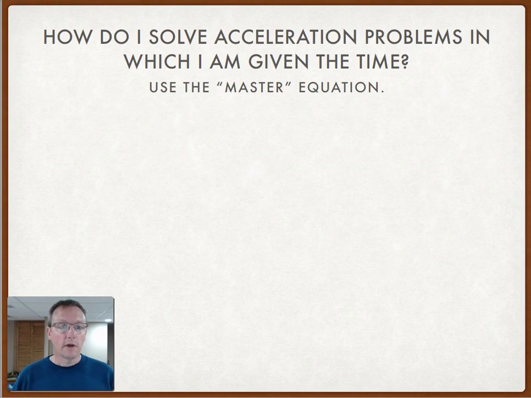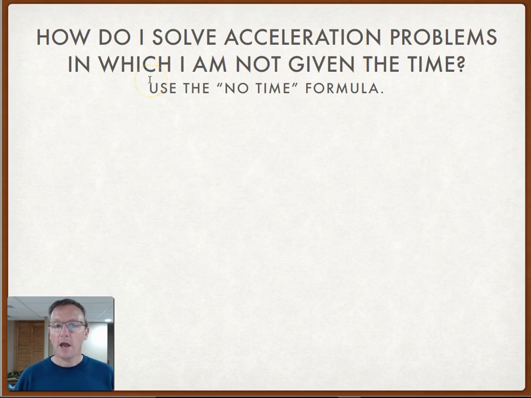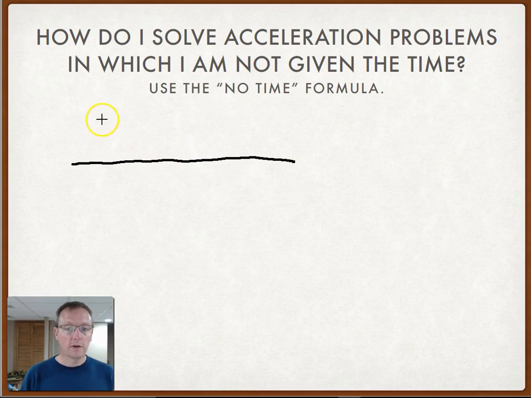Now your second looks like this. How do I solve acceleration problems in which I'm not given the time? So let's take a look at what that looks like. Again, we have a similar situation, only in this case we are not given the time. We're given the displacement instead. So we have another ramp, like so.